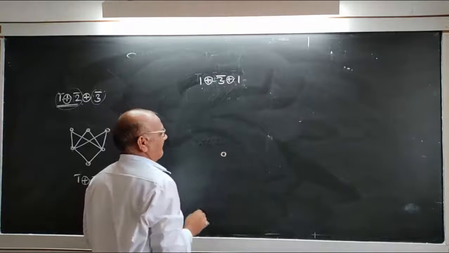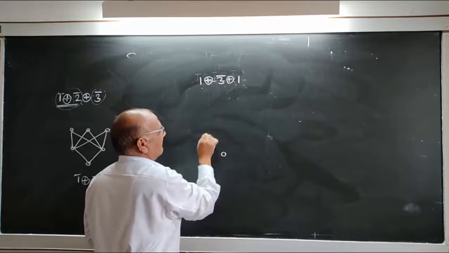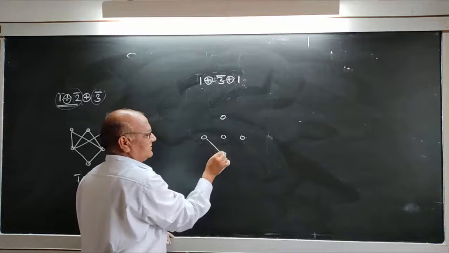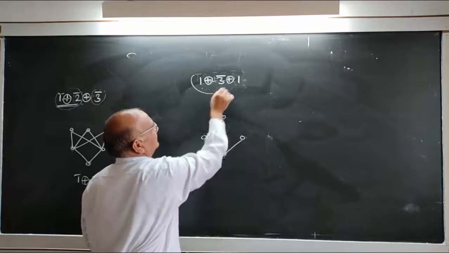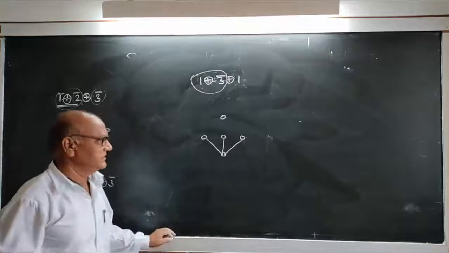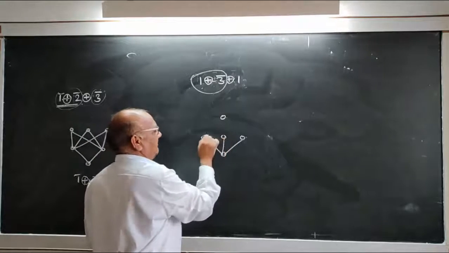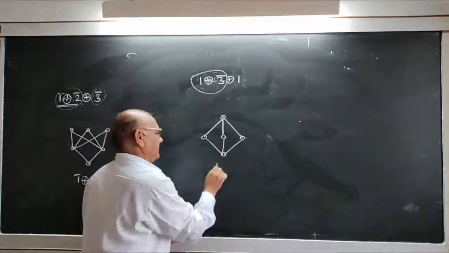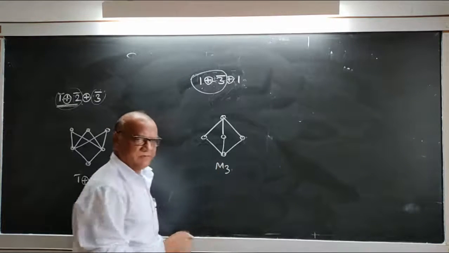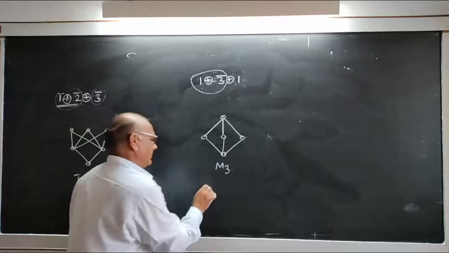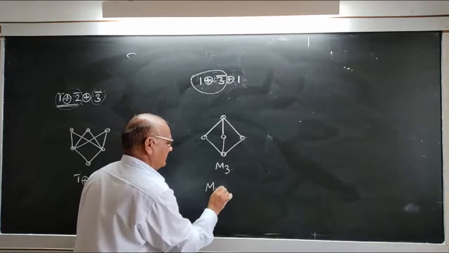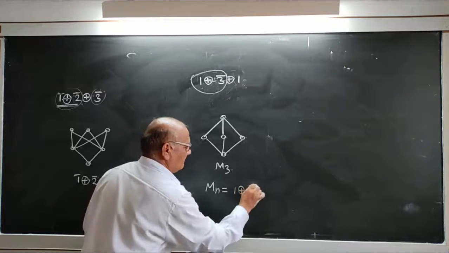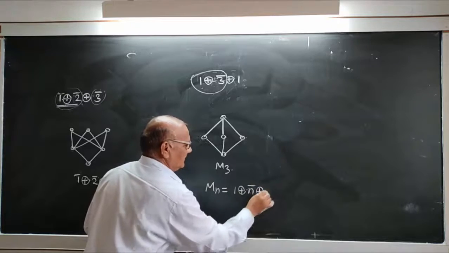Here 1, here 3, again 1. First join this, that means we draw this figure, and then join the maximal elements. It is denoted by M3. M_N is equal to 1 additional circle N bar additional circle 1.